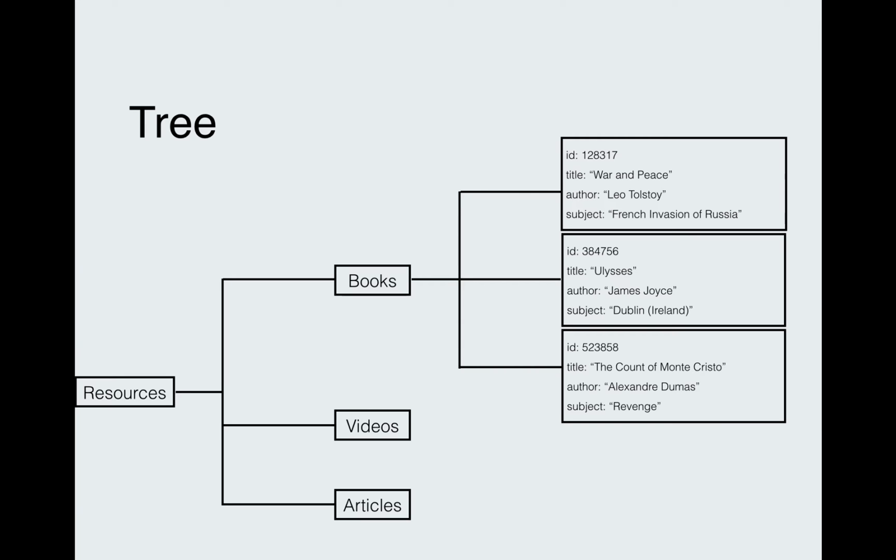Moreover, each member in the category or class of books, for example, shares common traits with the other members. So they inherit certain qualities from the class that they're in. So every book has a title, every book has an author, for example.